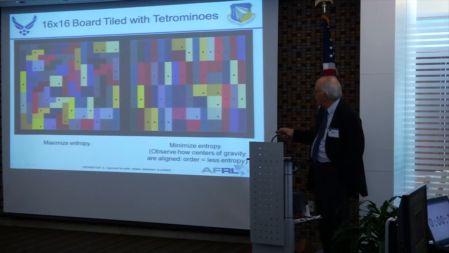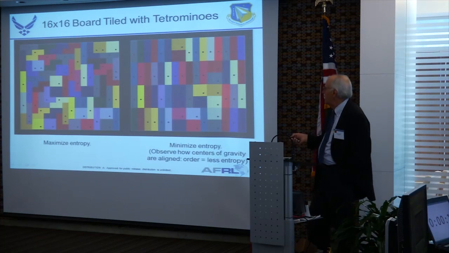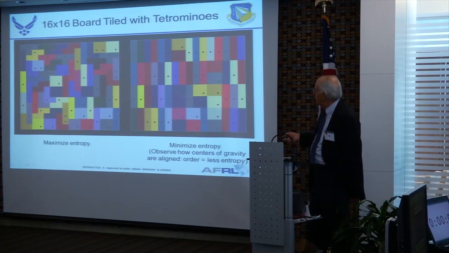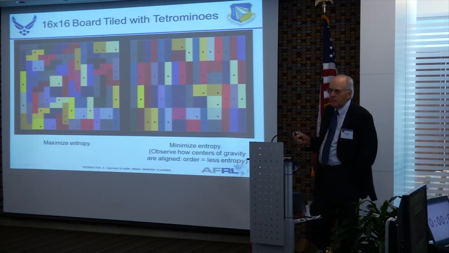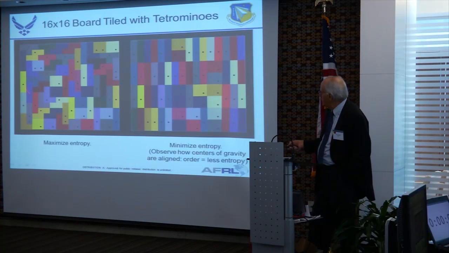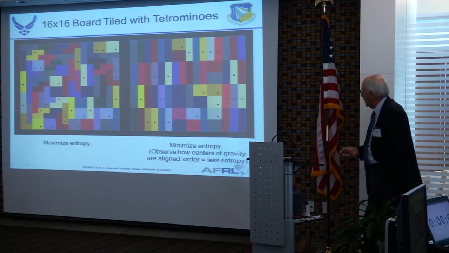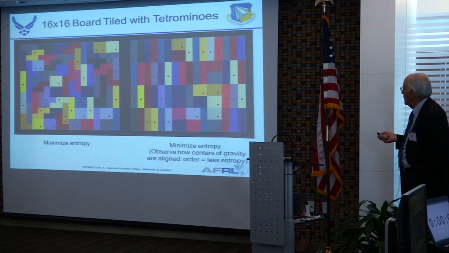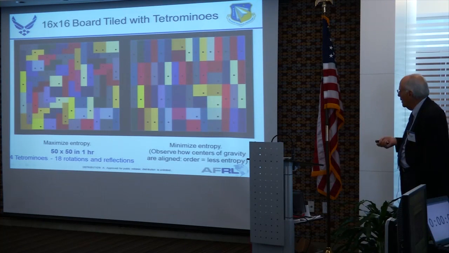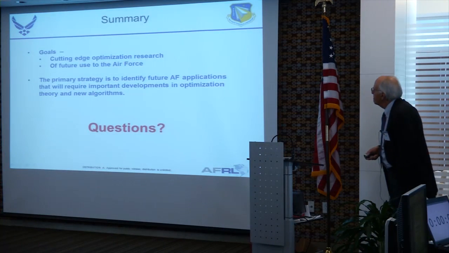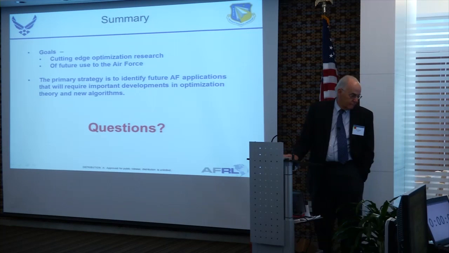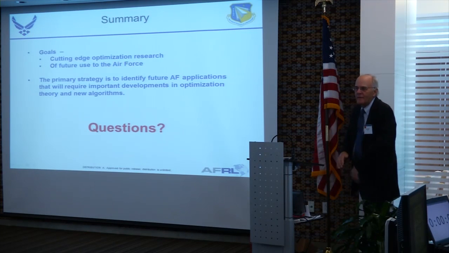So one way is to define centers of gravity for these tetranimals here and then maximize the entropy. Maximizing the entropy gives you an irregular tiling, which implies it should be low interference. Minimizing entropy gives you a regular tiling. They're at the level of getting about a 50 by 50 in about an hour on a laptop. Okay.